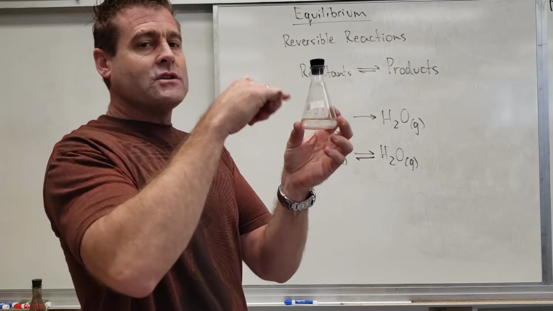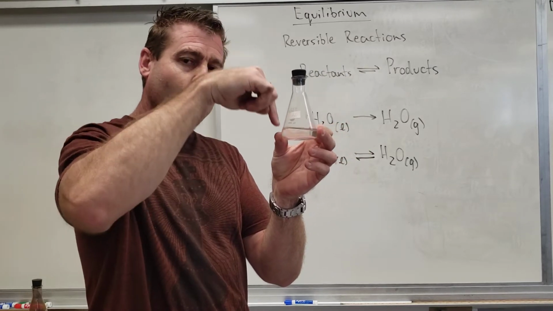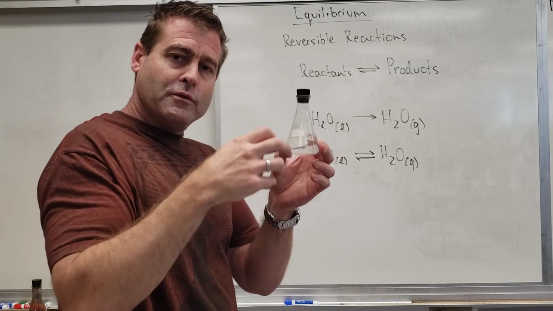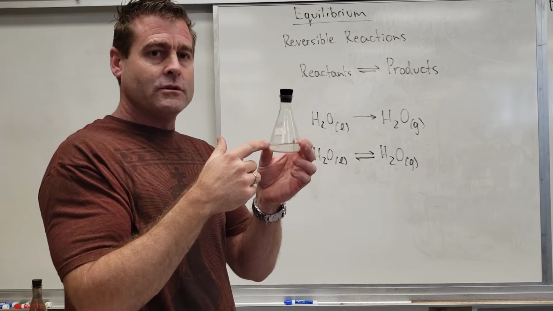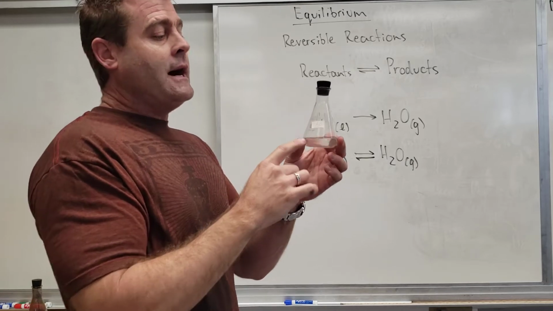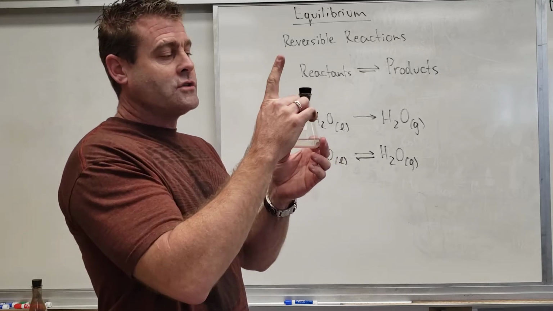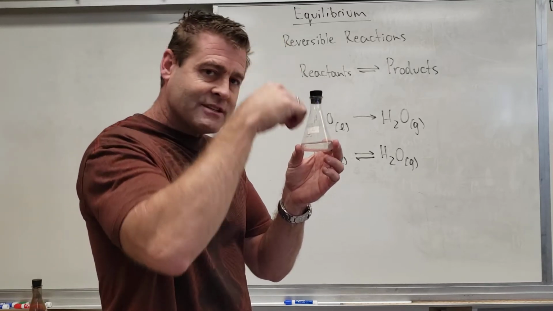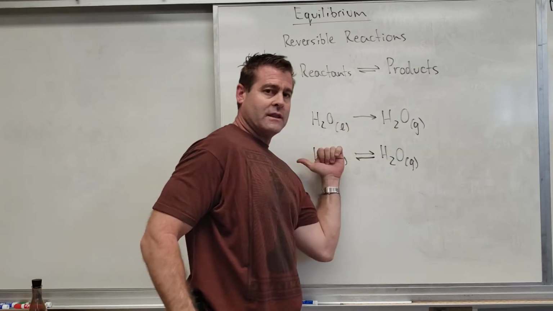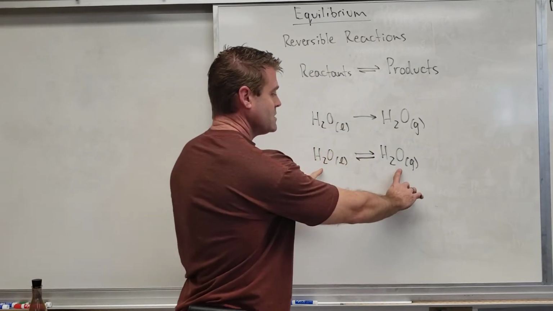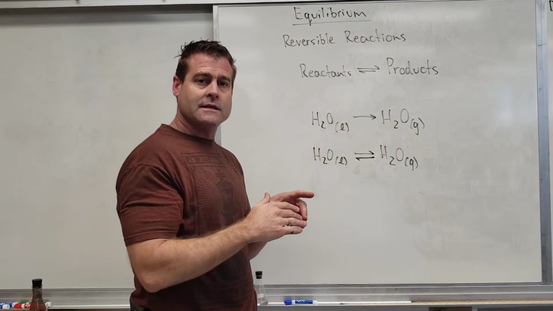But then as gaseous water molecules build up in the gas phase, wouldn't it be the slower moving ones that condense back into a liquid? Eventually you reach a point at which the same amount of water molecules are evaporating as are condensing. If I have just as much going this way as going that way, wouldn't the concentrations remain constant?